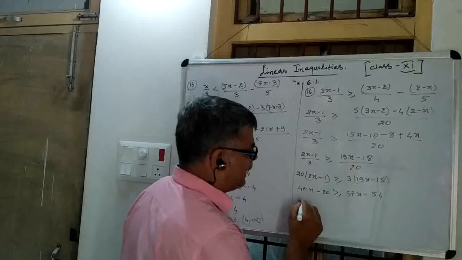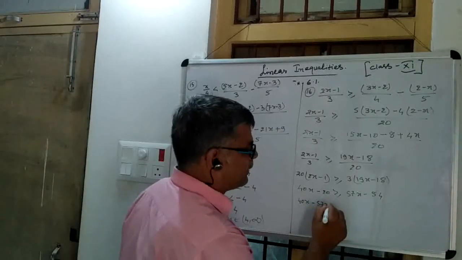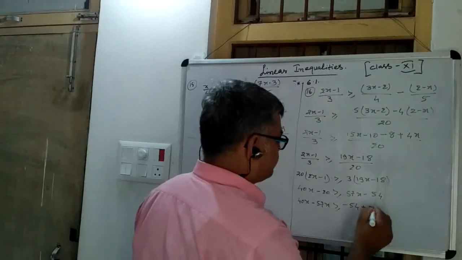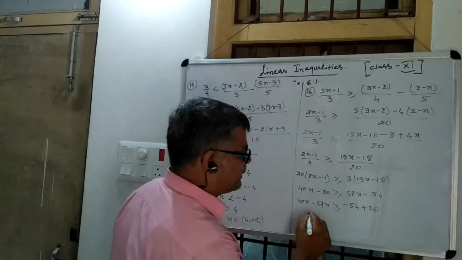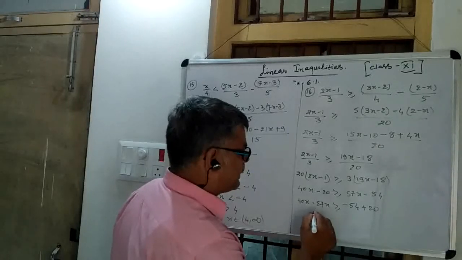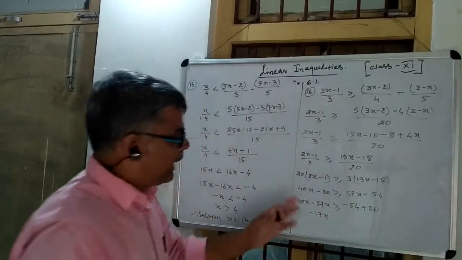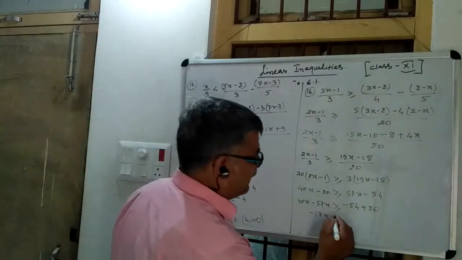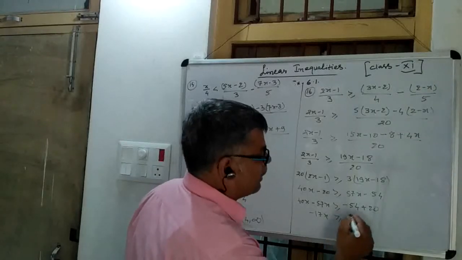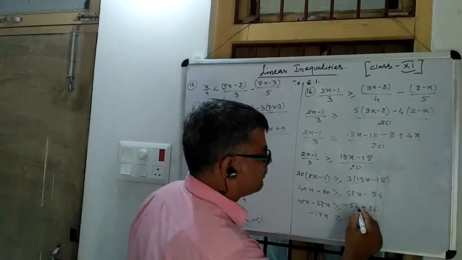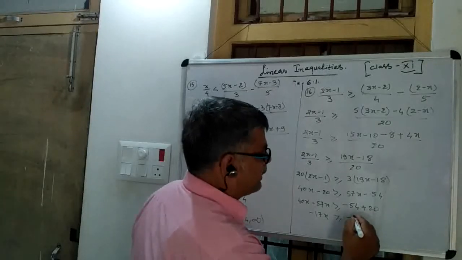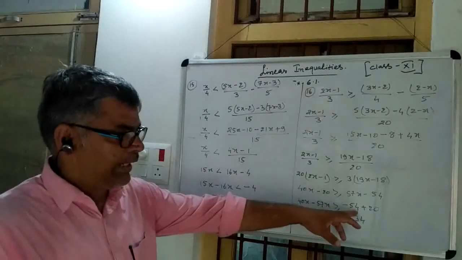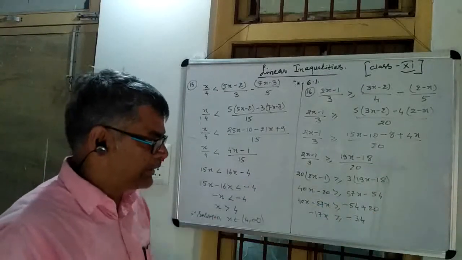Now transpose the variable on the LHS part. So it becomes 40x minus 57x ≥ minus 54 plus 20. So again we have minus 17x on the LHS part, and minus 54 plus 20 is minus 34.